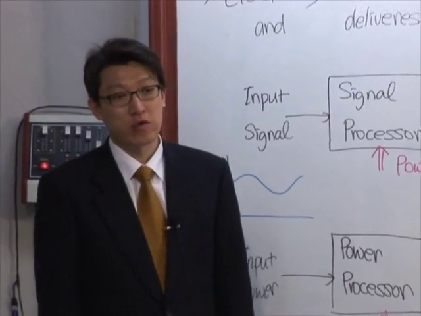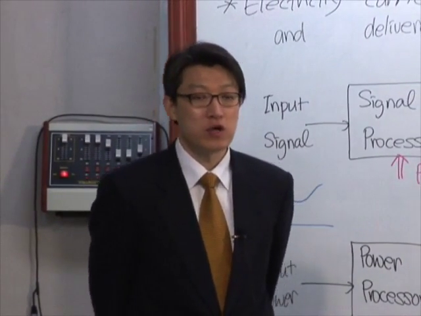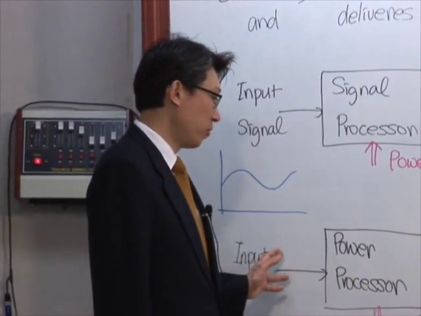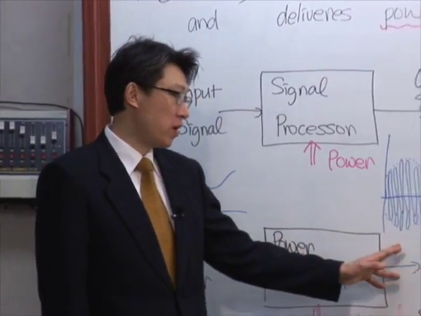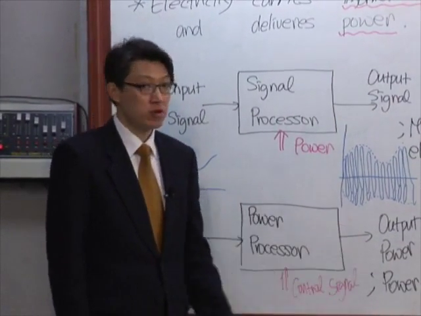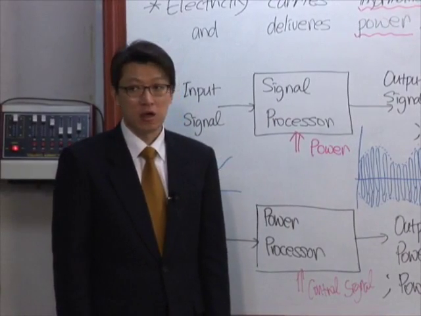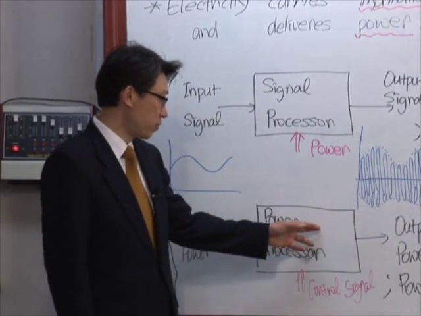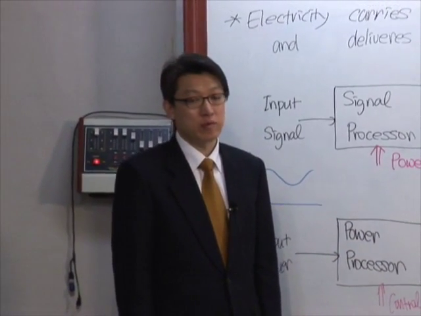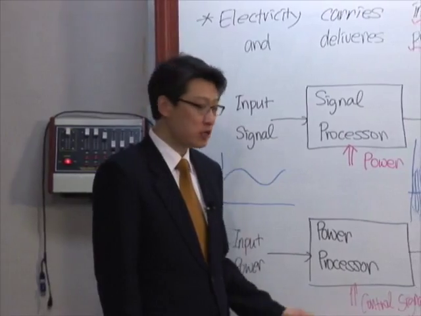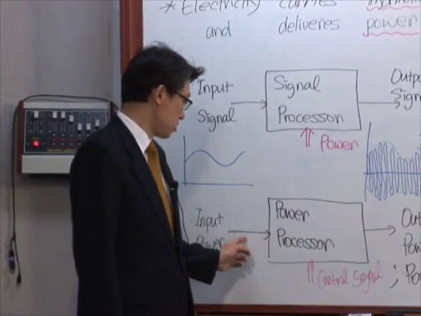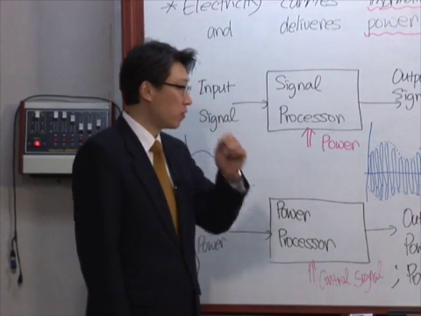In residential areas, we have 220 volt AC, 60 hertz. So we have to change the format of this electric power from 220 volt AC into 3.7 volt DC. That power is processed by this power processor. In power electronics terms, we say this is an AC-DC converter. Power is processed, from input power to output power.